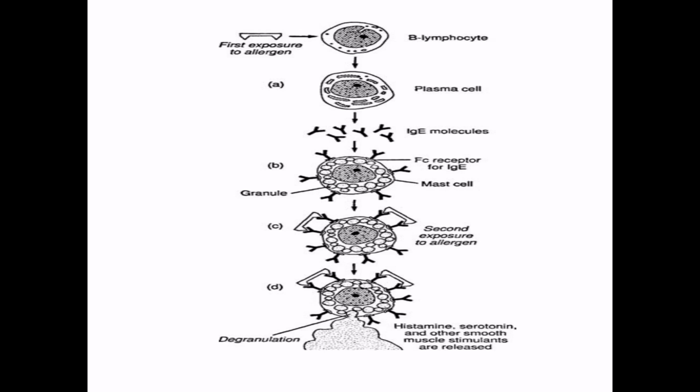On the second exposure of the allergen, the allergen will cross-react or bind to the IgE, and this causes activation of the mast cell to release its granules that contain the active mediators.